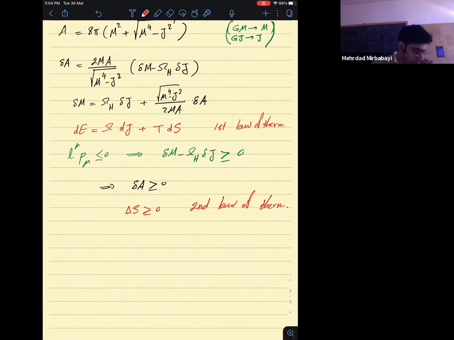So based on these analogies, these similarities, I think it was Bekenstein who first proposed that you can think of black holes as thermal objects and associate some temperature to them.